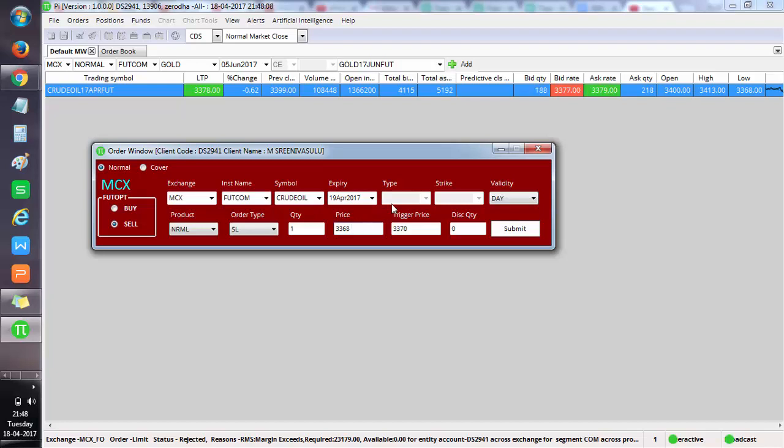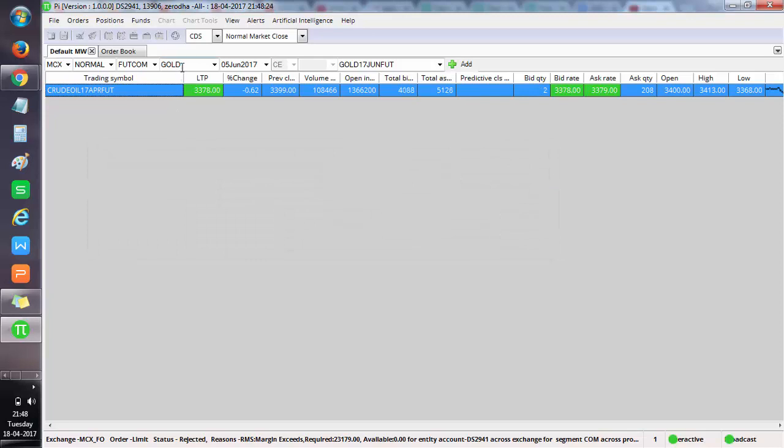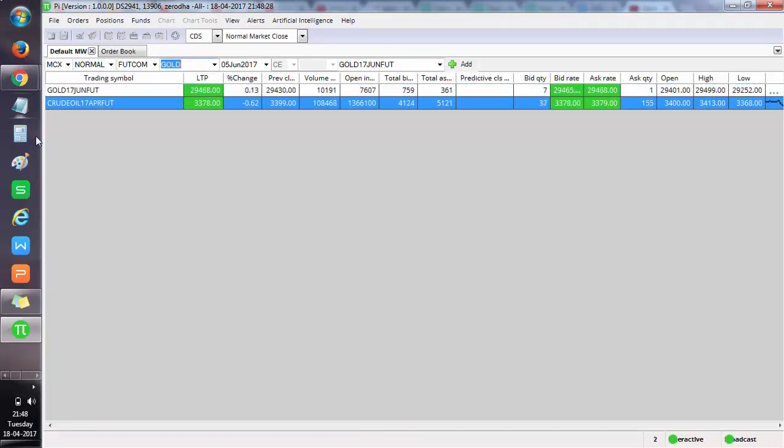Now I also told you that you can use SL or SLM for entering an order. Okay, so I'm going to take another example so that you don't get confused with the existing example. Say gold, and I'm removing crude oil from MarketWatch.